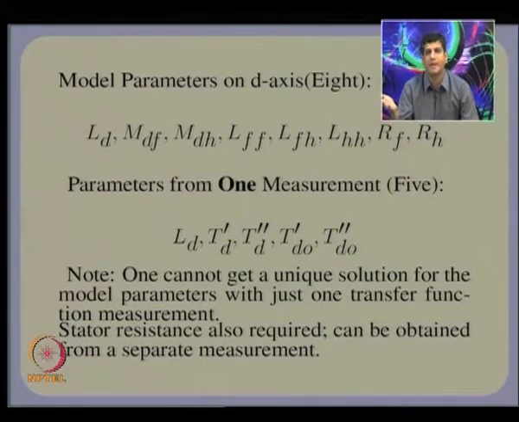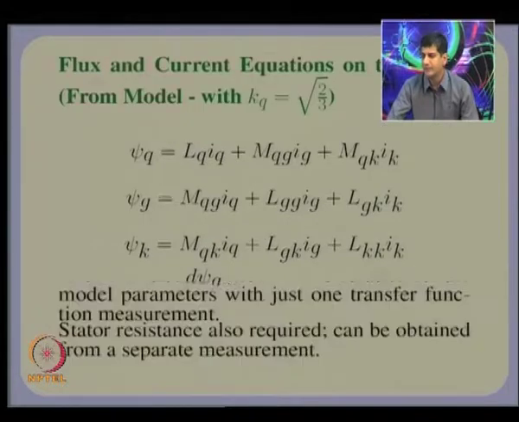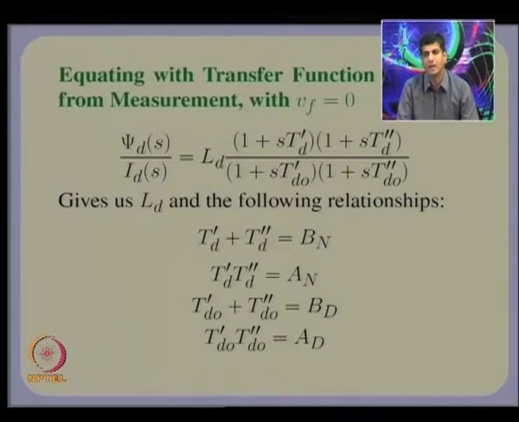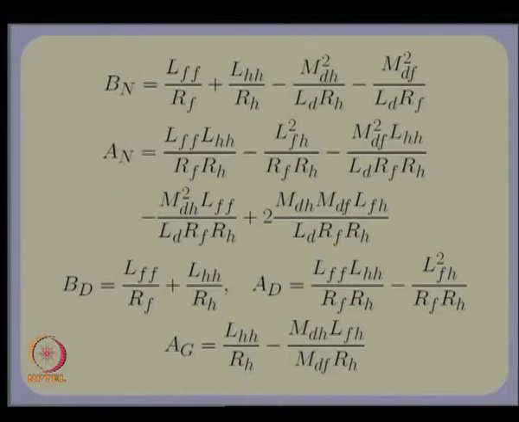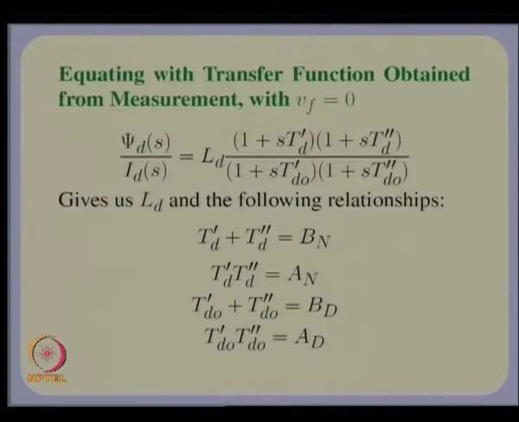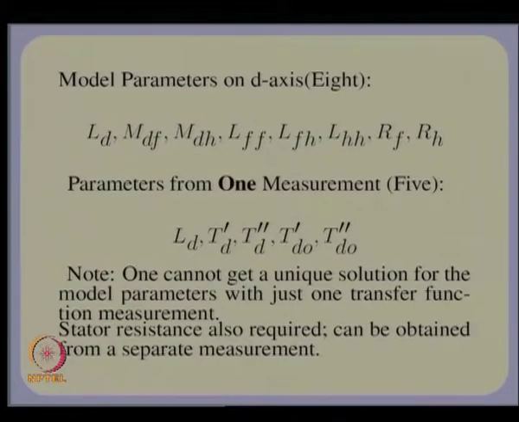What we have effectively is 5 equations from here. We can get Ld, and we have these 4 algebraic equations which we can equate to An, Bn, Bd and Ad, which are in fact these. But obviously, if the number of equations is less than the number of parameters, then you can't back calculate all the basic parameters.